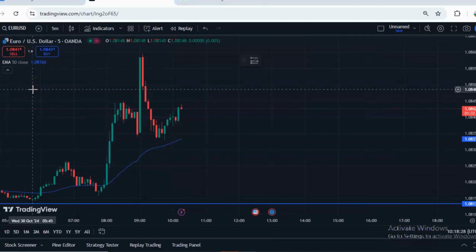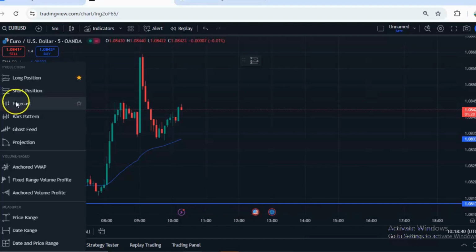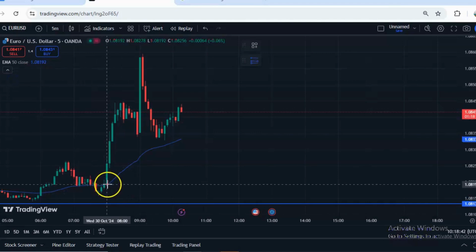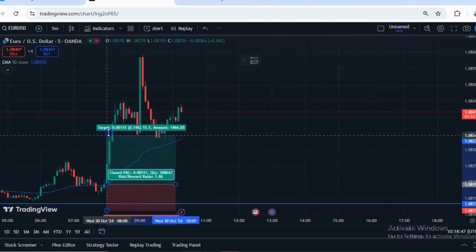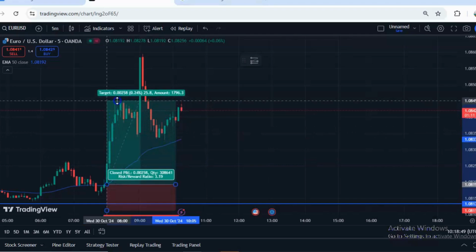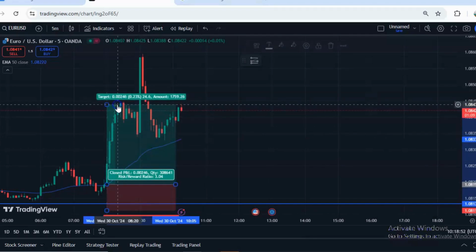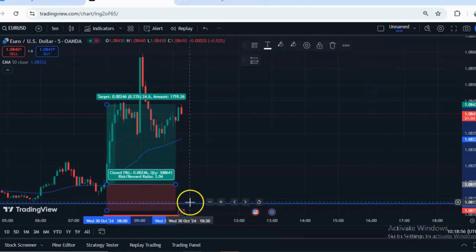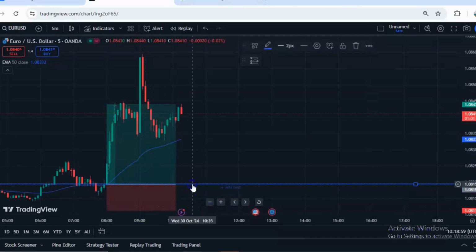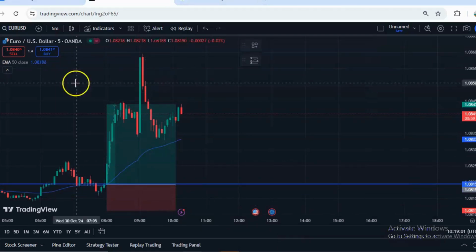For this example, let's go to TradingView and look at EUR/USD as the current market, and then we calculate the pip value. Let's say you entered the market here and then you exited.